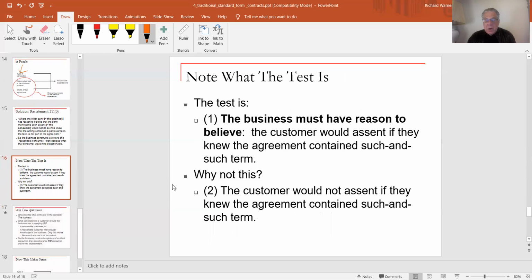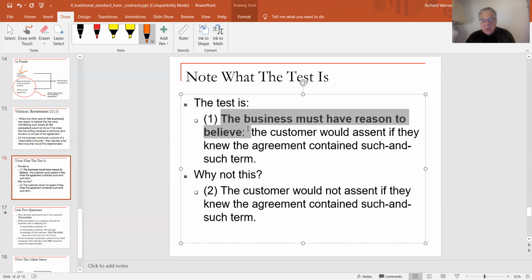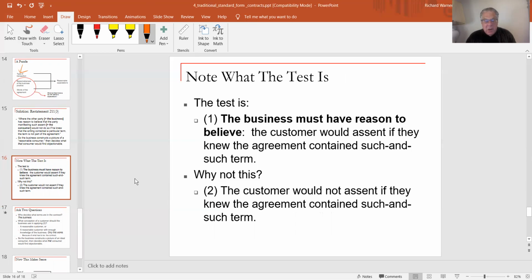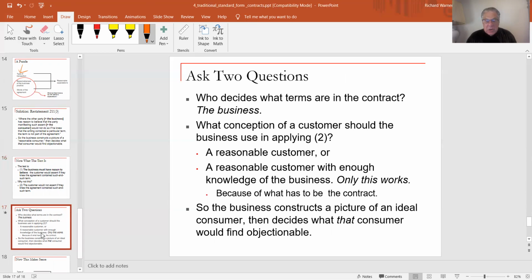So note what the test is. The business must have reason to believe the consumer would not assent if they knew the agreement contained such and such a term. The test is, what would a business have reason to believe?